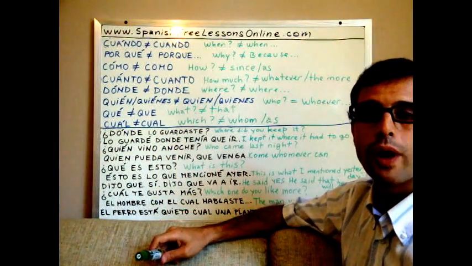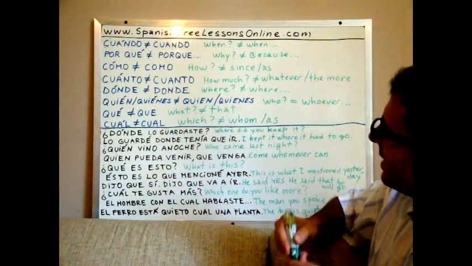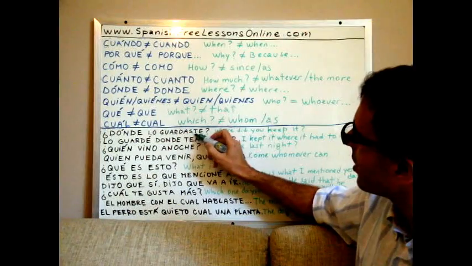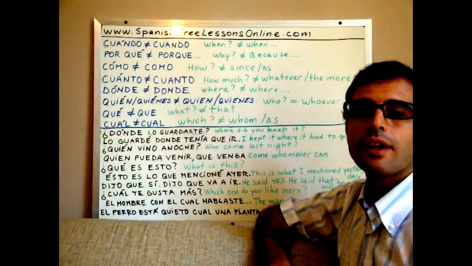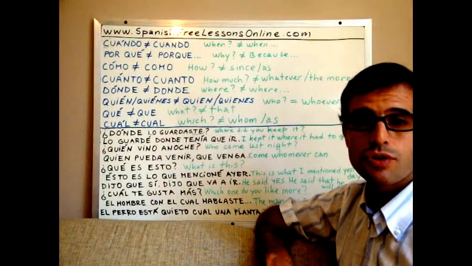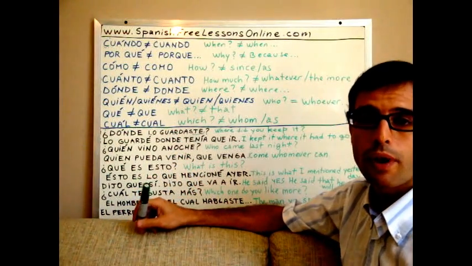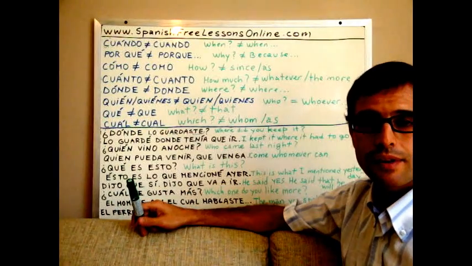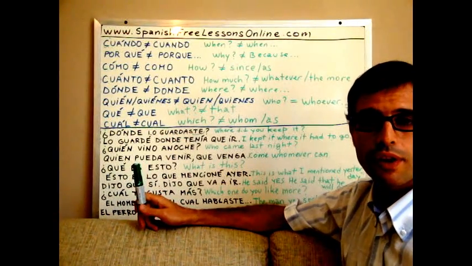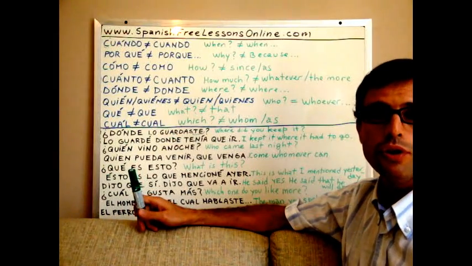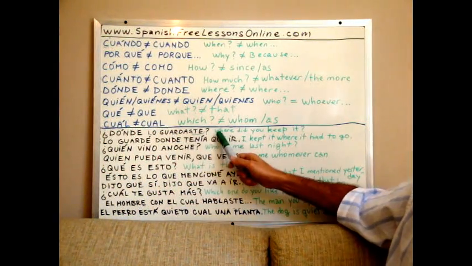It comes from the verb guardar, to keep. The ending te is the suffix that shows that this is the conjugation of the verb guardar in past tense for the second person of the singular, for tú or you. ¿Dónde lo guardaste? Where did you keep it?